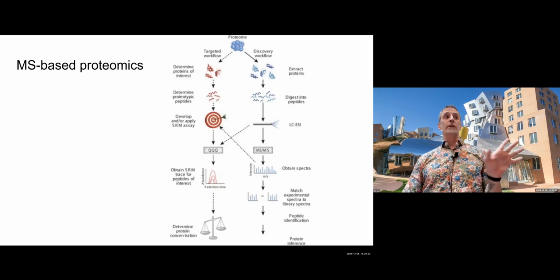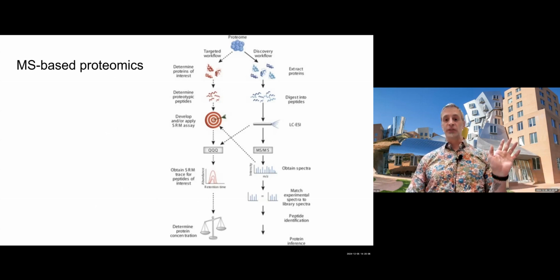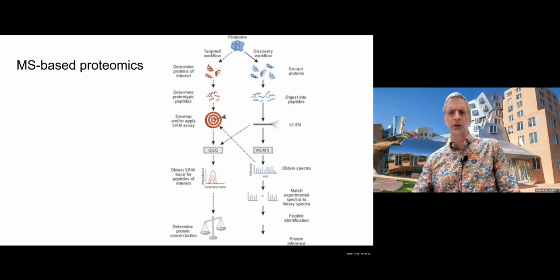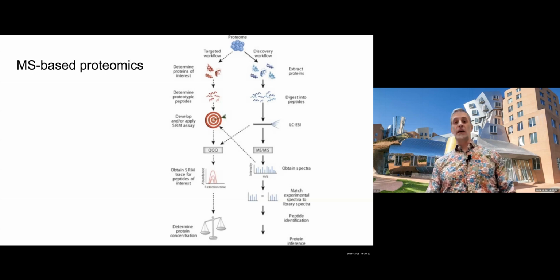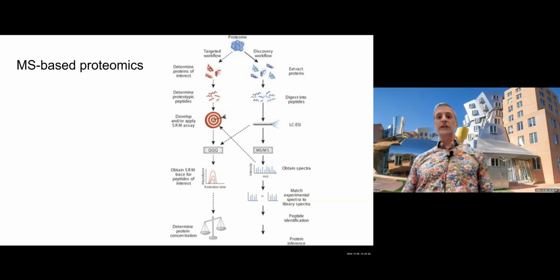And the last thing I'll mention, and this is the only thing I'm going to say about it, but it is an entire lecture unto itself, is using mass spec to look at proteins. There are kind of two ways to do this. We could look at the entire protein, or, more commonly, we can fragment that protein into smaller peptides and then compare those to what we expect in the database.